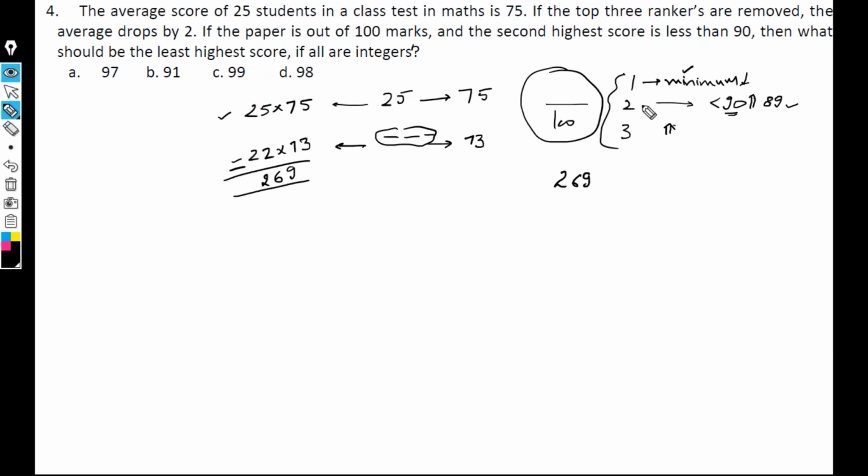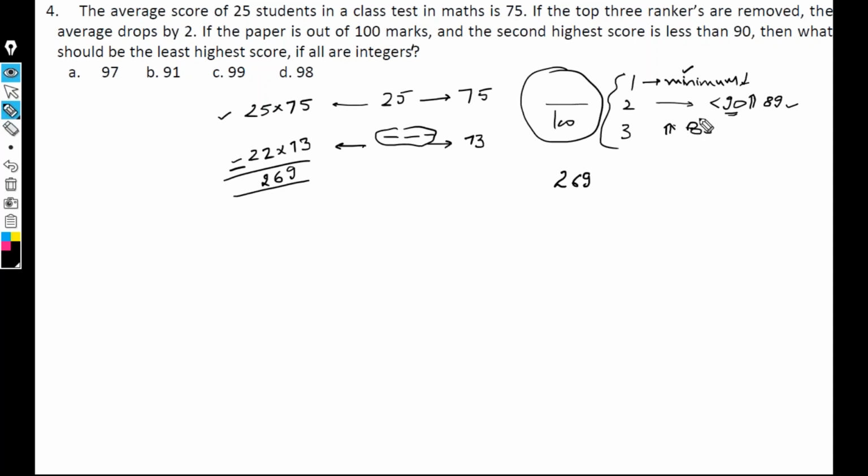Now here you just need to focus on the fact that there can be many people who have the same marks. It is not mandatory that the second highest is something which will be there for only one individual. He can also get 89 marks.